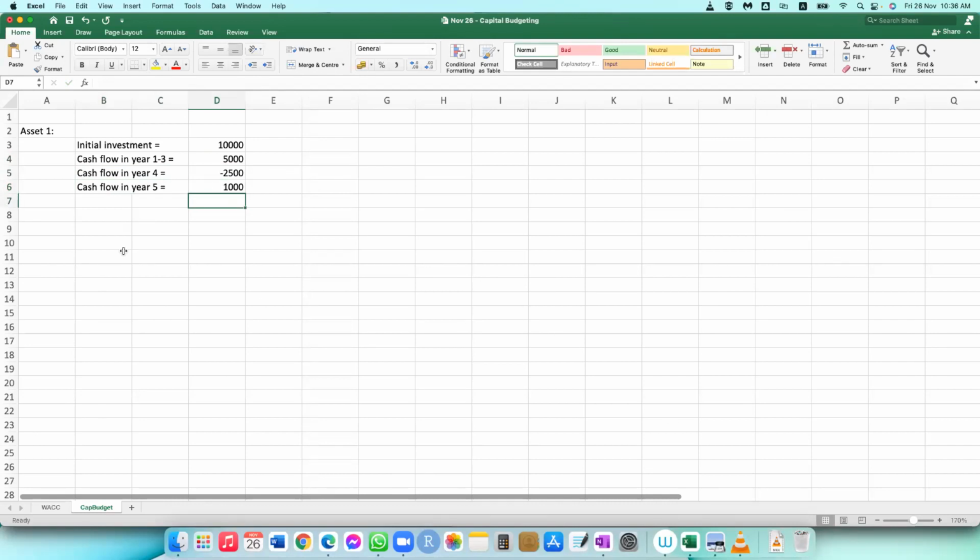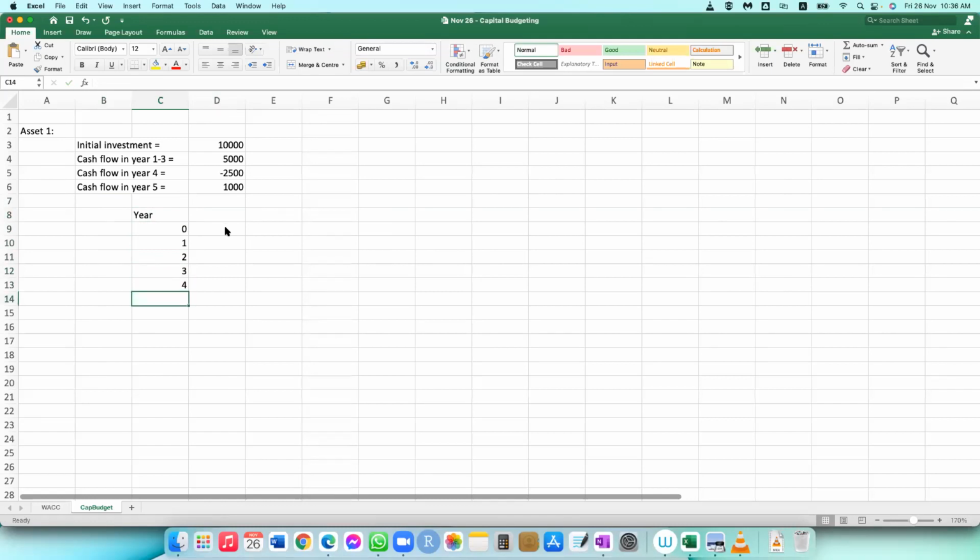So if this is the case, then you can understand that the project has a heterogeneous cash flow, different cash flows in different years. So at first, what you should do, you should list the cash flows by year. Okay, so you can understand how many years do we need here. 6, sir.